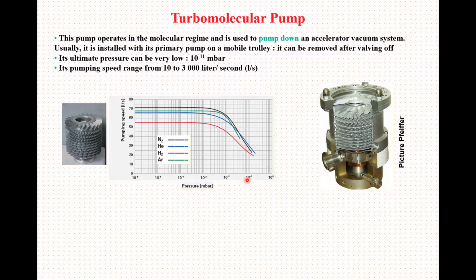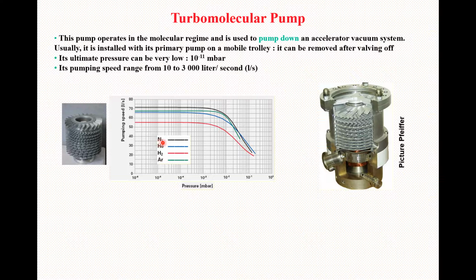When it reaches almost 10 raised to power minus 3, especially for argon gas, from this region onward the pumping speed is stable until it reaches the highest vacuum, or ultra-high vacuum. Similarly, you can observe the same for hydrogen, helium, and nitrogen.